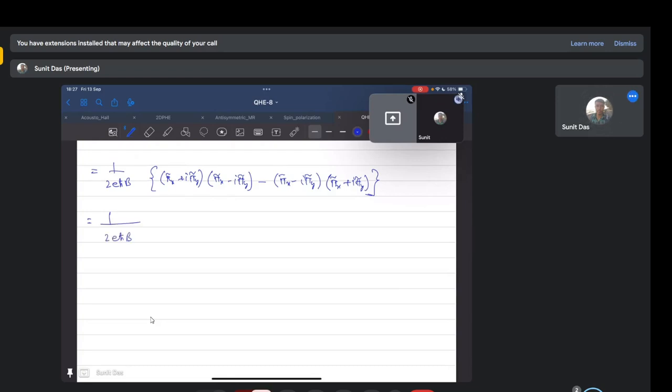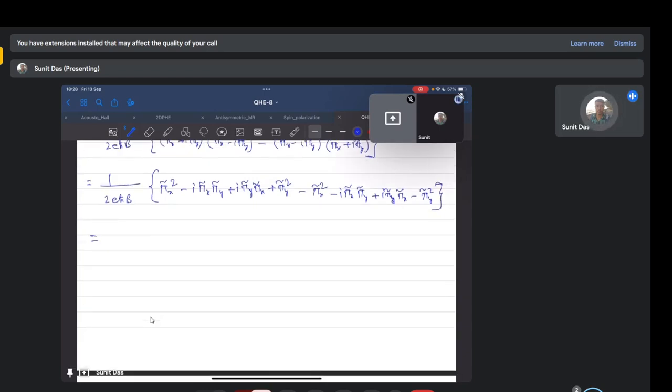So this will be π_x tilde squared minus iπ_x tilde π_y tilde plus iπ_y tilde π_x tilde, plus π_y tilde squared, minus π_x tilde squared, and then minus iπ_x tilde π_y tilde, and then plus iπ_y tilde π_x tilde, minus π_y tilde squared, right?